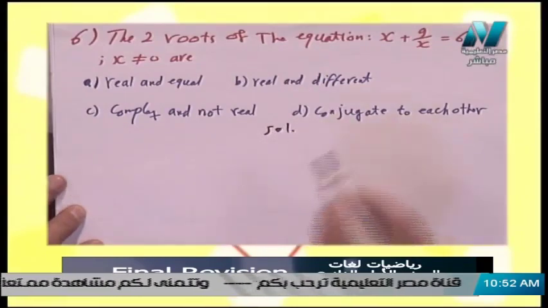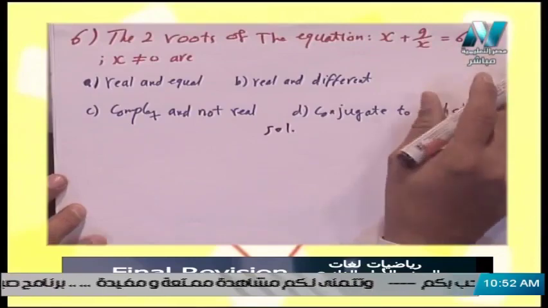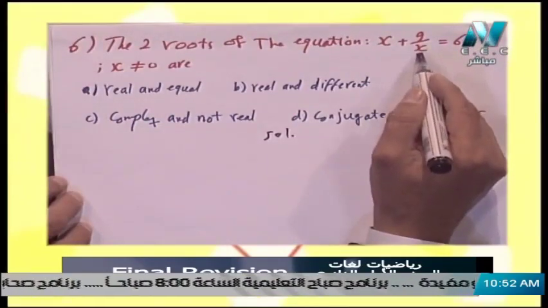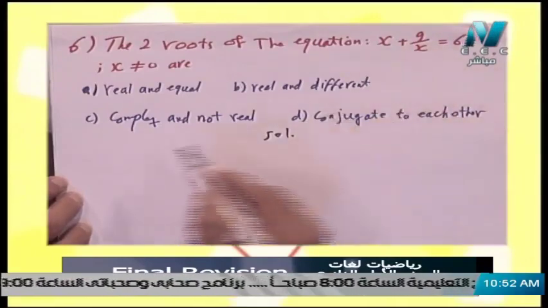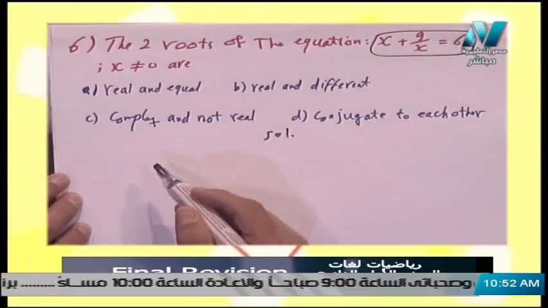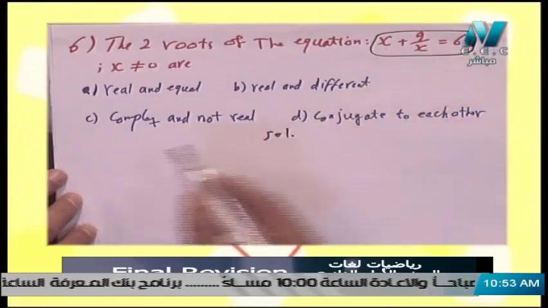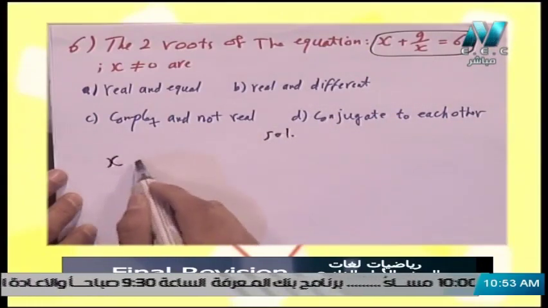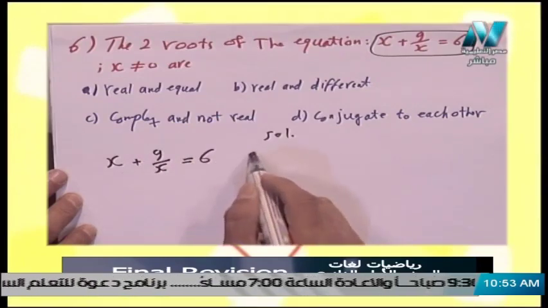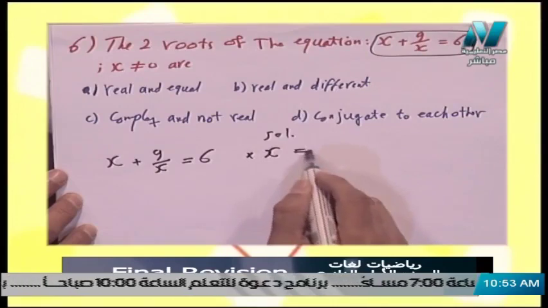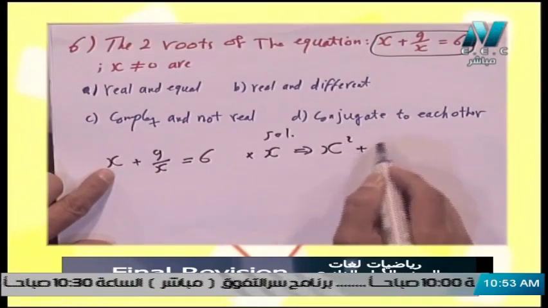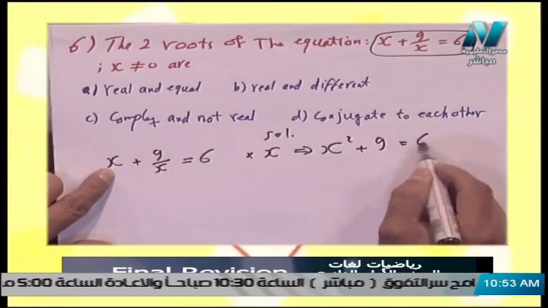Okay, this equation it's difficult if you have this x of the denominator. So we will multiply all the equation here by x to simplify it. So x here plus 9 over x equals 6. By multiplying by x, the equation will be x power 2 plus 9 equals 6x.